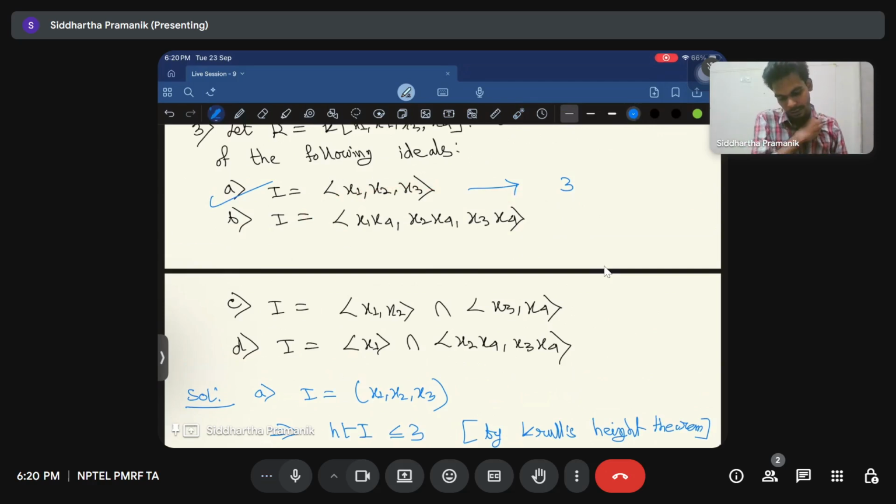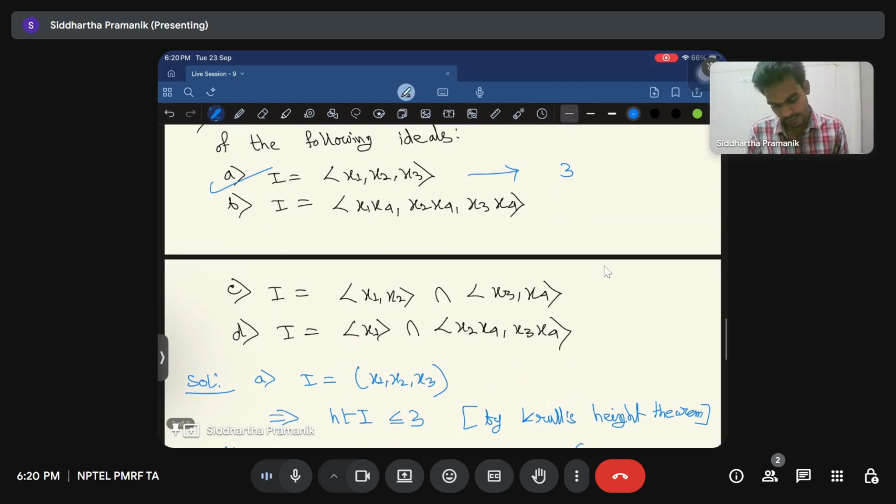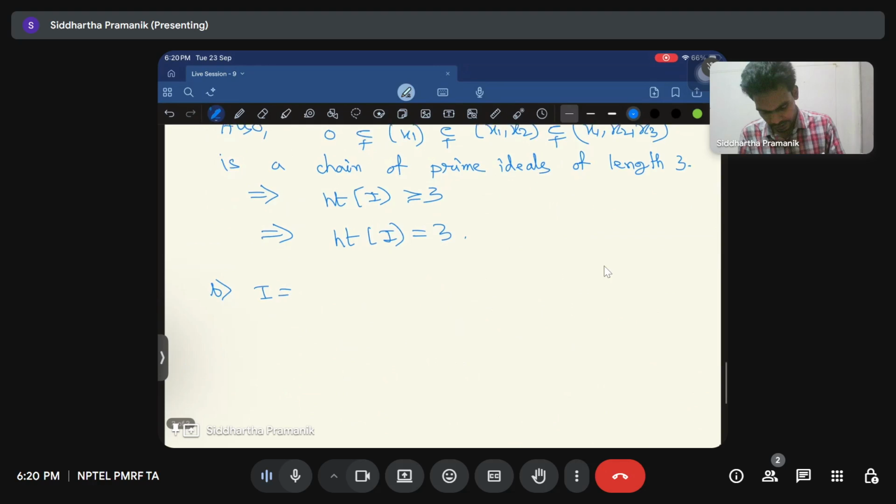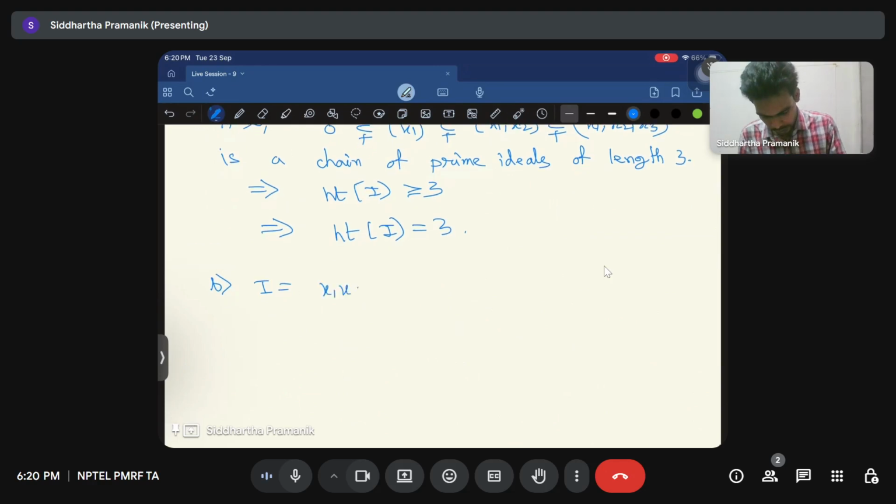So we will use the Krull's height theorem as well as the definition. So let's see how to do this. So in B, the ideal is the ideal generated by x1 x4, x2 x4 and x3 x4. So this we can write as ideal generated by x4 times ideal generated by x1, x2, x3.